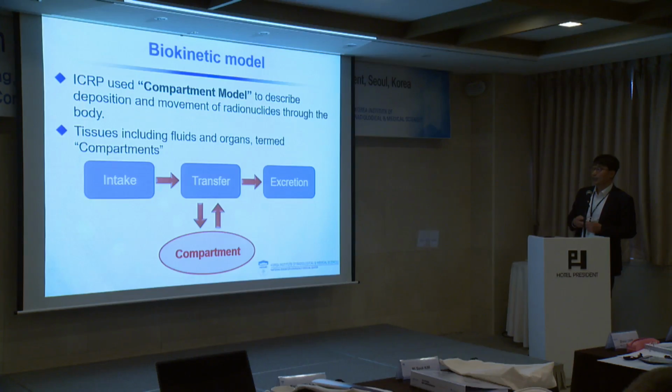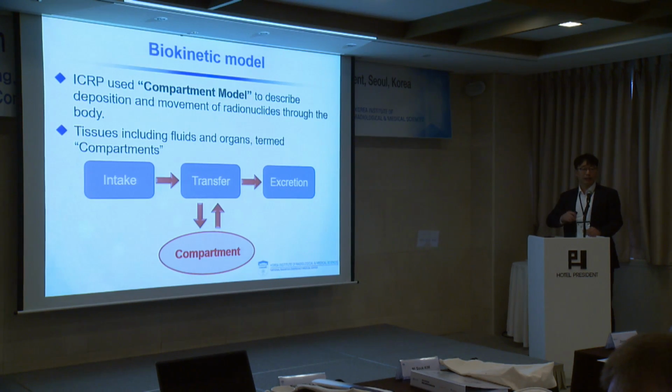And next, I want to introduce the biokinetic model provided from the ICRP. ICRP used a compartment model to describe deposition and whole movement of the radionuclide through the body. And all tissues and organs are defined as compartments, and blood is also defined as one of the compartments.